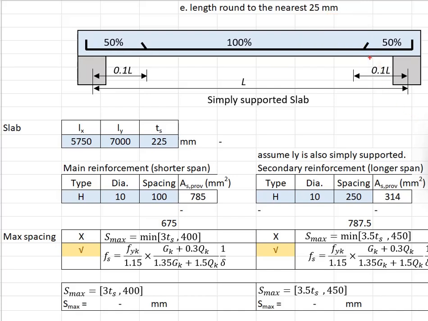At the end of the day, the location where you're going to cut the reinforcement will be 0.1 times the effective length minus the required lapping length, which may lead to a situation where the lapping length can be longer than this if the effective span here is relatively low.